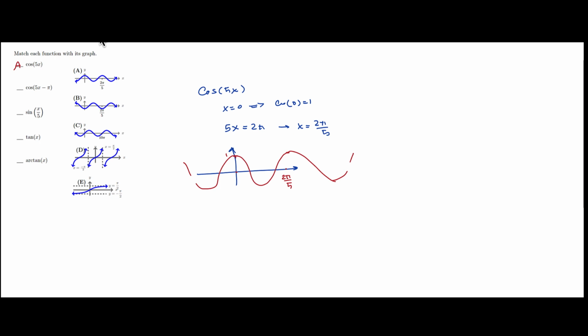Now let's try to do cosine of 5x minus pi. If I plug in x equal to 0, I will end up with cosine of negative pi, which is equal to cosine of pi. It's negative 1. And then let's try to draw this. Remember the period, again, by solving 5x equal to 2 pi, I get x equal to 2 pi fifths.